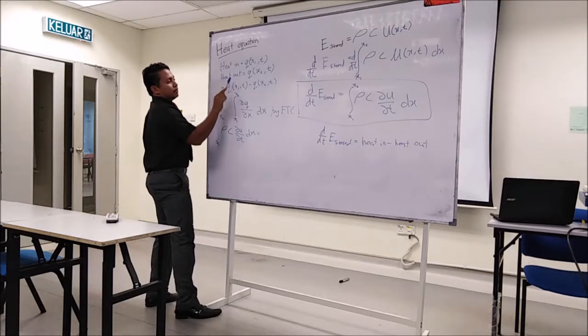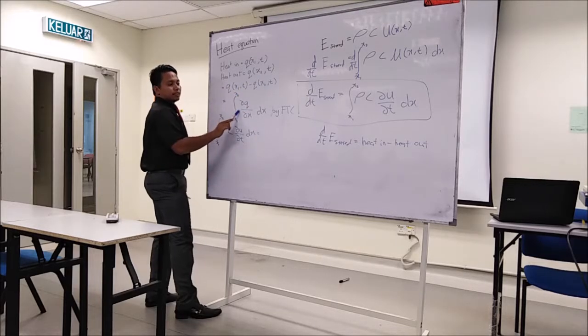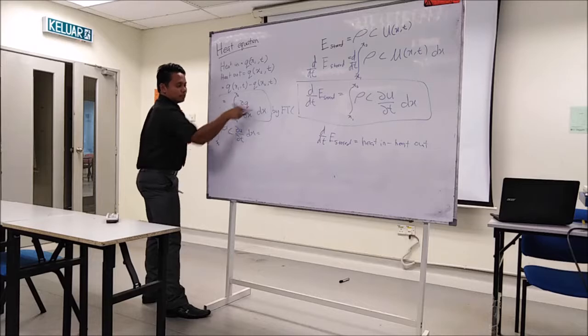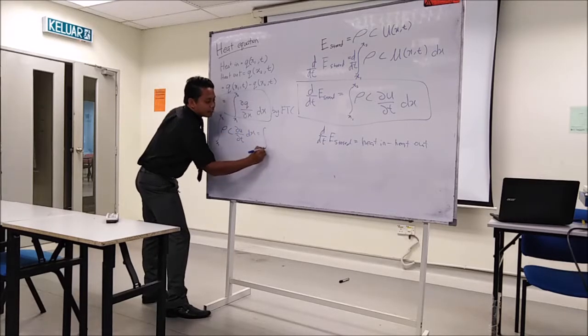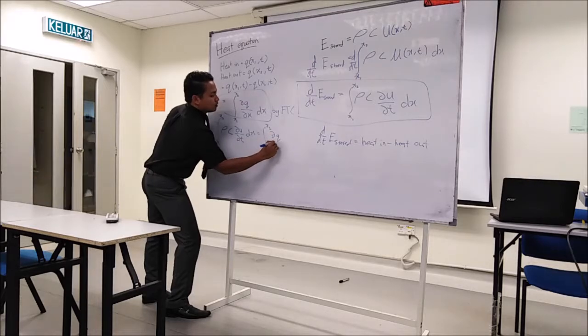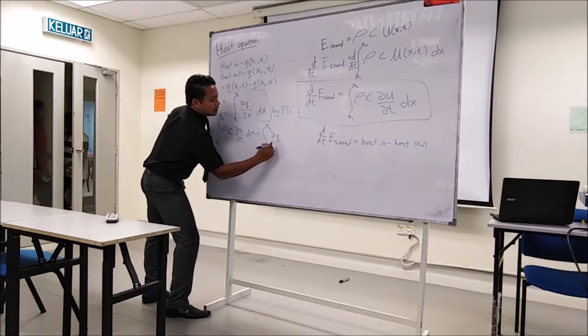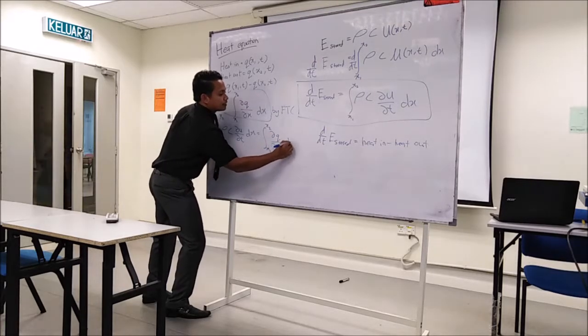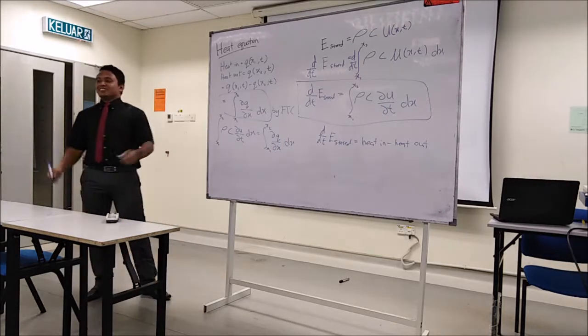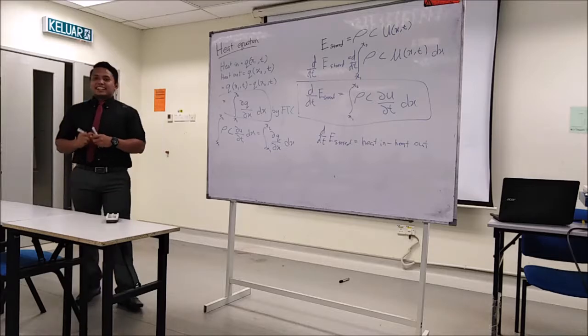Heat in minus heat out we got here, so this one we put here: integral from x1 to x2 of del Q over del x dx. But I made one mistake. What's the mistake? x1, x2.